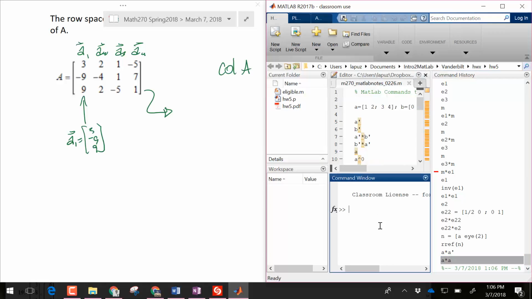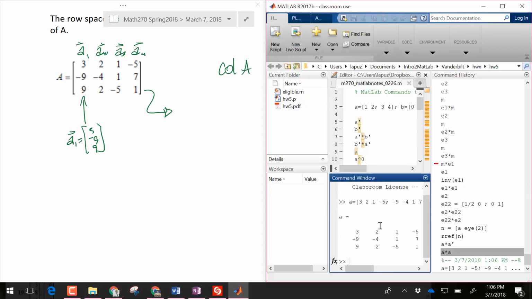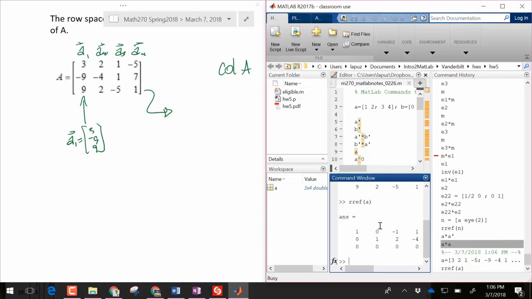Here it goes. So A equals 3, 2, 1, minus 5, minus 9, minus 4, minus 4, 1, 7, and 9, 2, minus 5, 1. Oh, I just hope we don't have any decimals. We're probably going to have decimals here.